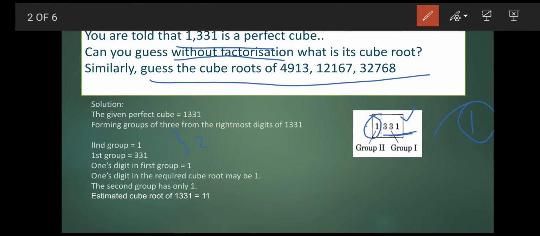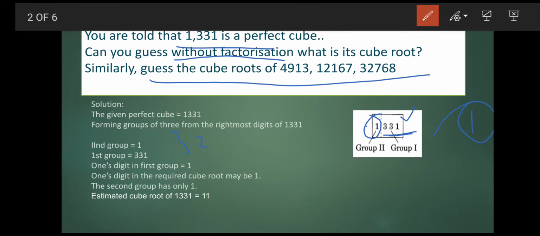Because if you remember that property, based on the ones digit of the cube number, we can guess the ones digit of the cube root of that particular number. And I have given you that table also.